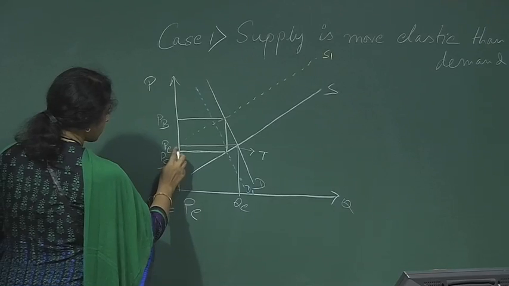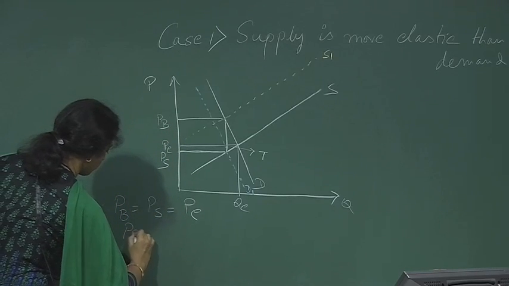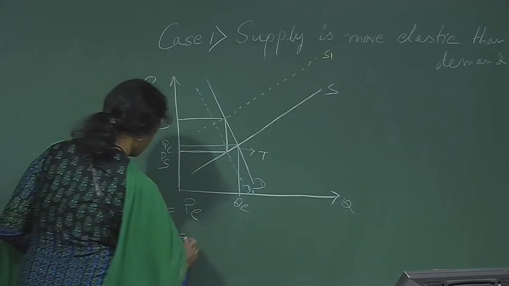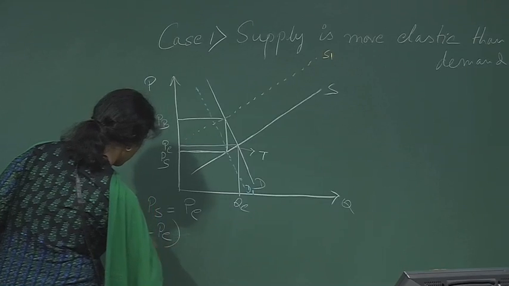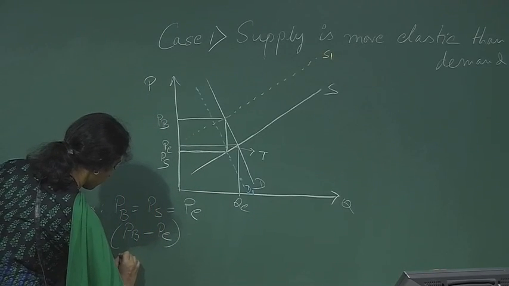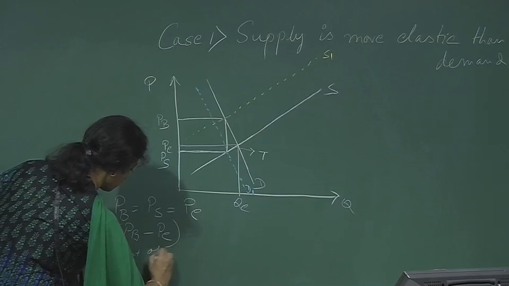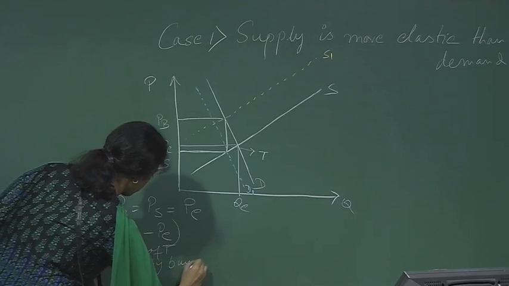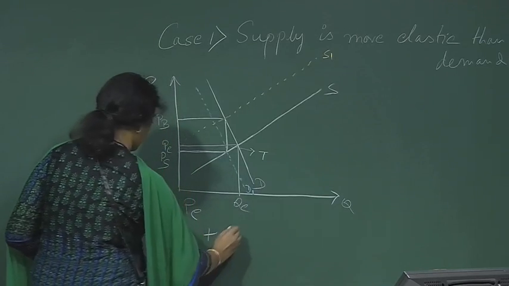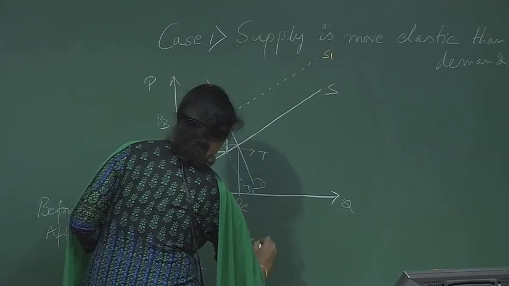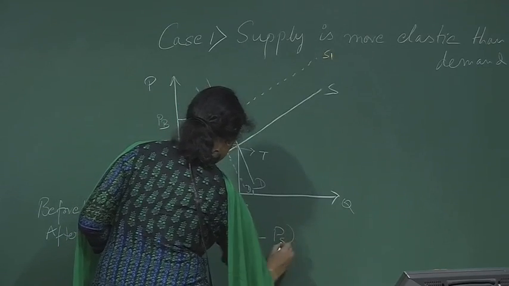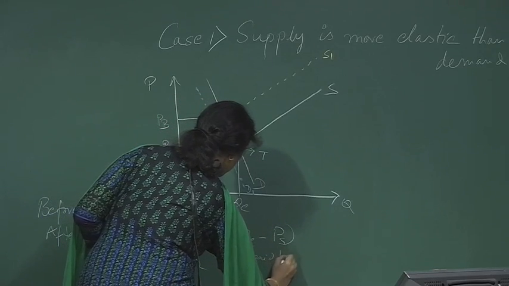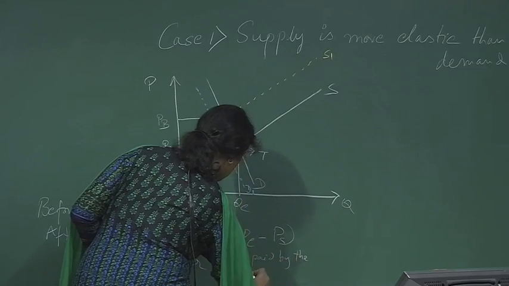So PB minus PE is the amount of tax paid by the buyer, plus PE minus PS, this is the amount of tax paid by the seller.